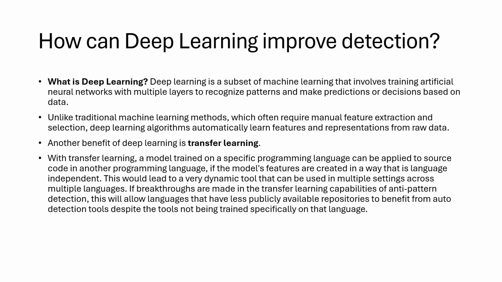This can help us build tools that are applicable to multiple programming languages and can help us with programming languages that do not have sufficient training data to build their own models.